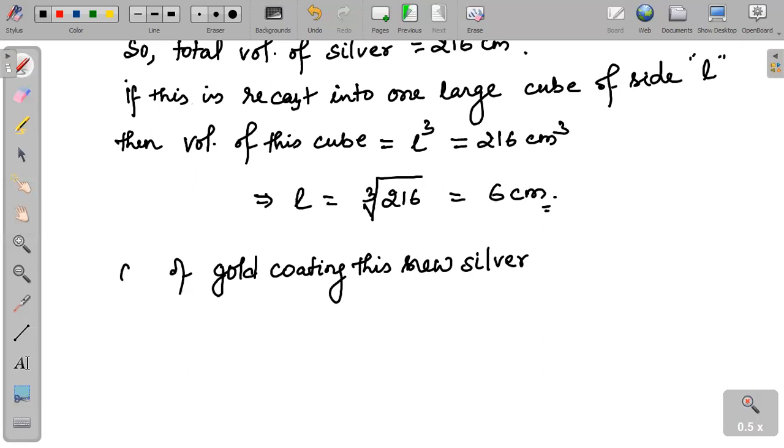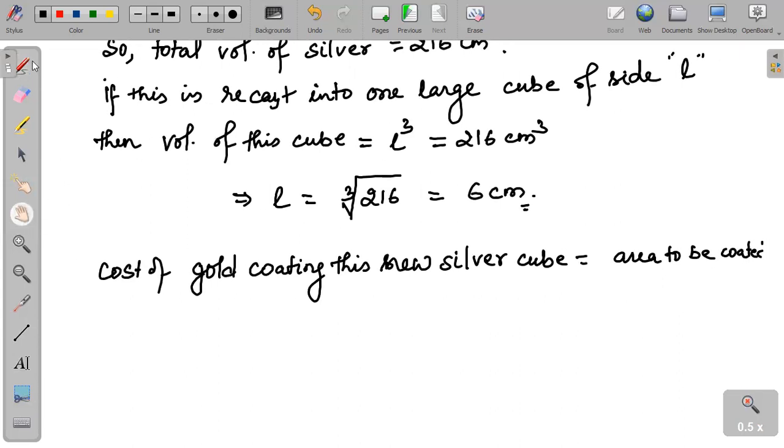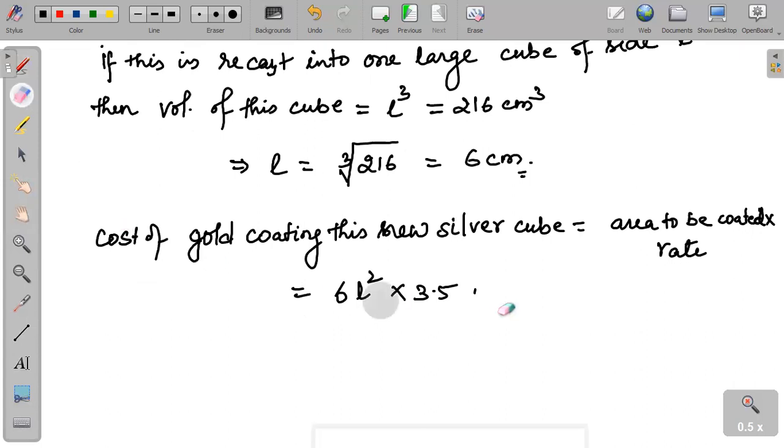Cost of gold coating this new silver cube is equal to area to be coated into rate, that is equal to 6 L square into rate, which is 3.5 rupees per centimeter square, which is equal to 6 into 6 into 6 into 3.5.